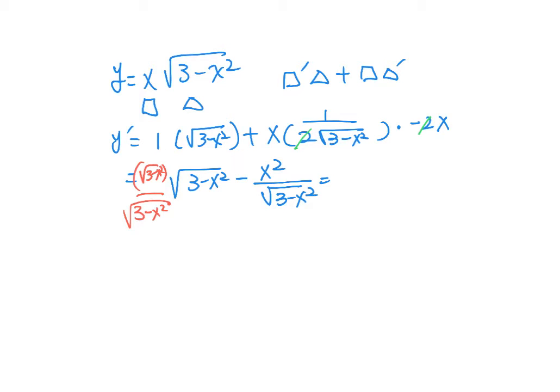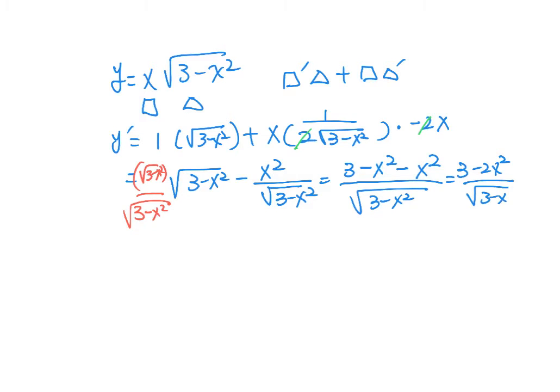Then we'll have 3 minus x squared minus x squared all over 3 minus x squared. Simplify that. And then we have our final answer.